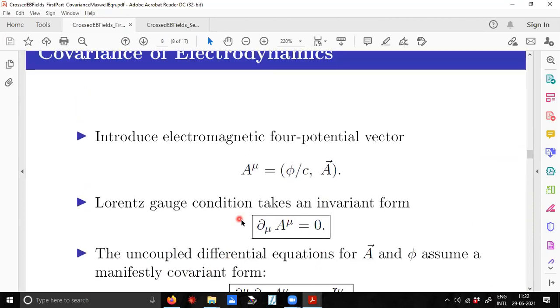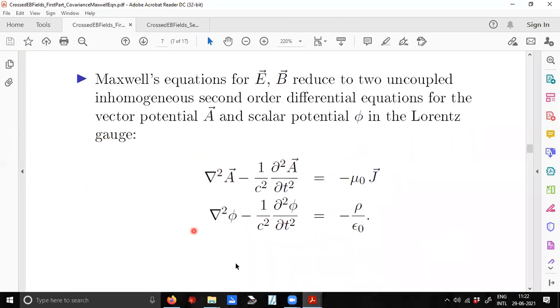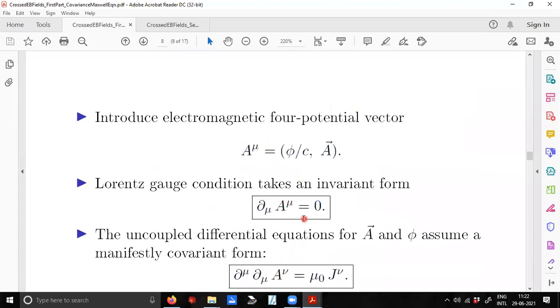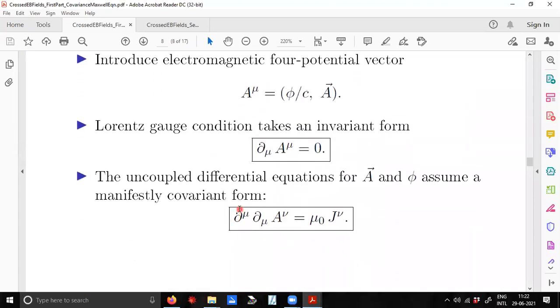Then I write the uncoupled 2 equations in terms of one 4 vector equation. That is dou mu up, dou mu down, a scalar differential operator, acting on A nu, equal to mu naught J nu. Now you substitute what dou mu is.